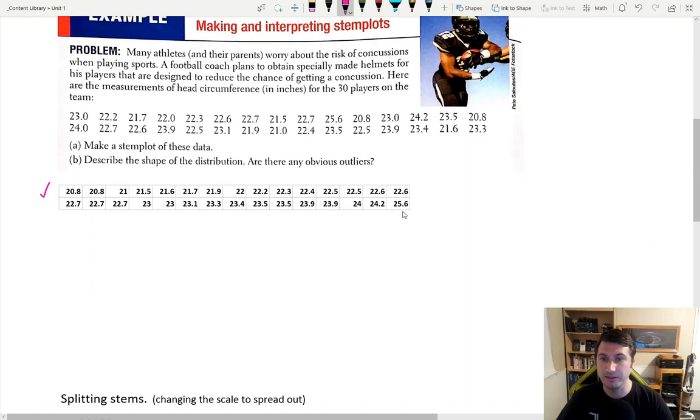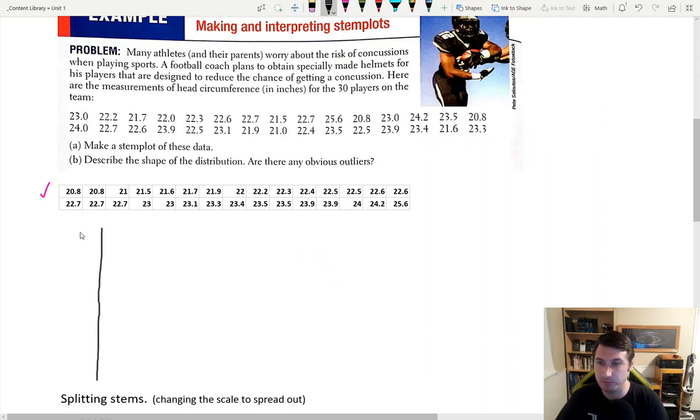All right, then to make the stem plot, you first have to figure out what your stems are going to be. So I'm gonna draw my line. I'm going from 20.8 all the way up to 25.6.